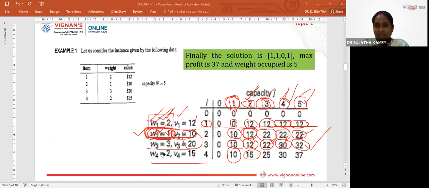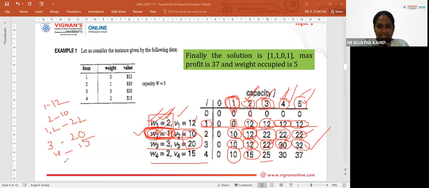Now, coming to the next capacity. Here, I can place the first object alone, which gives 12. I can place the second object alone, which gives 10. I can place 1 and 2, which gives 22. I can place 3 alone, which gives 20. I can place 4 alone, which gives 15 profit.